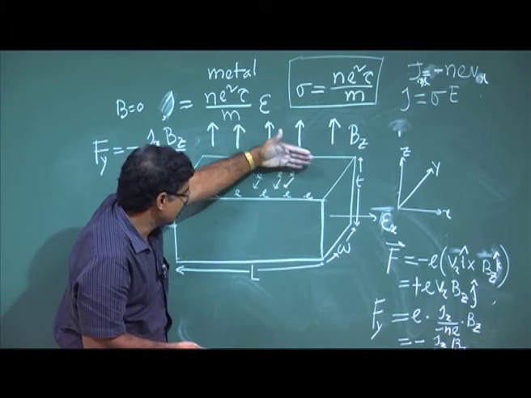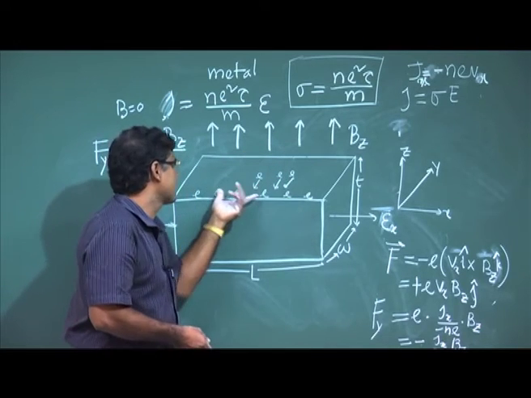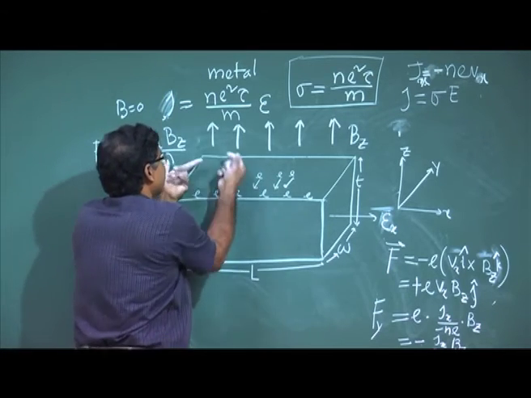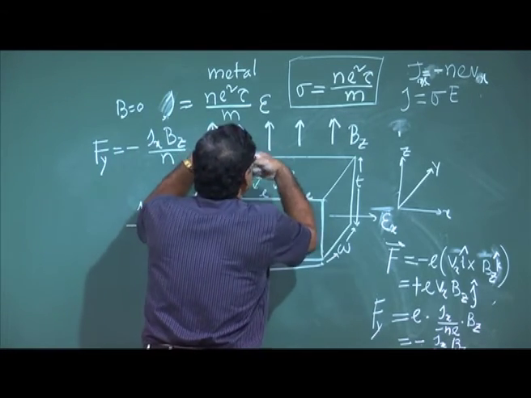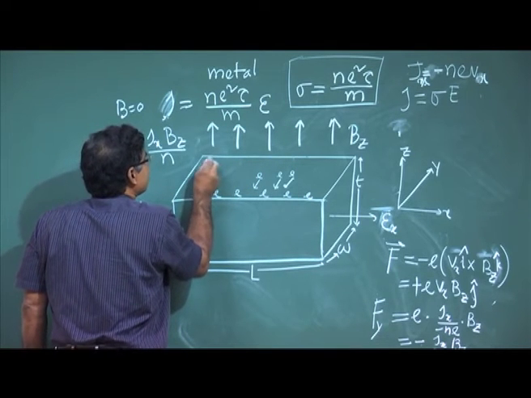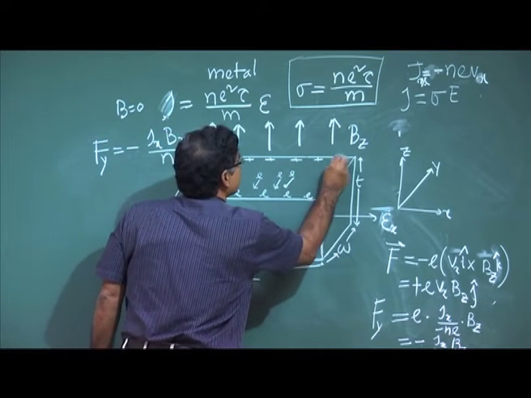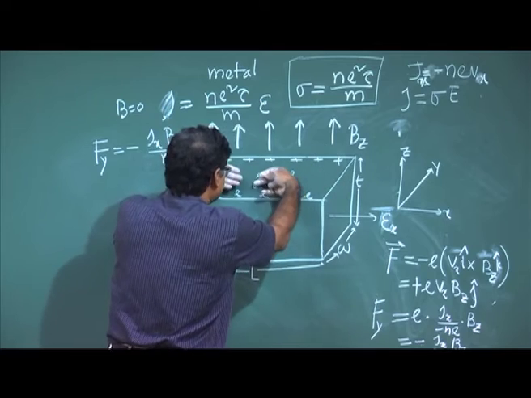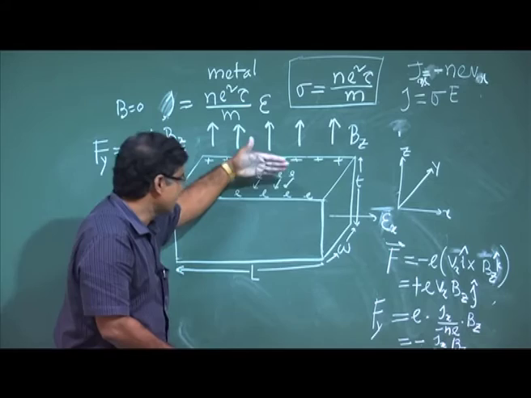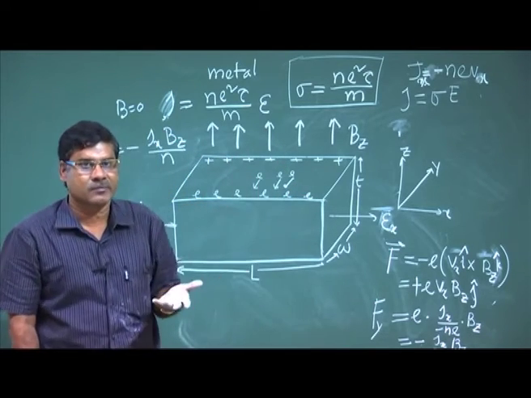When these electrons move towards this face, the density of electrons will be more on this face, and there will be a deficiency of electrons on the other, opposite face. So, one can say positive charge is accumulated on this side and negative charge on the other. Here there is no hole. The electrons are on this side, so it is more negative, and the other side is equivalently more positive.